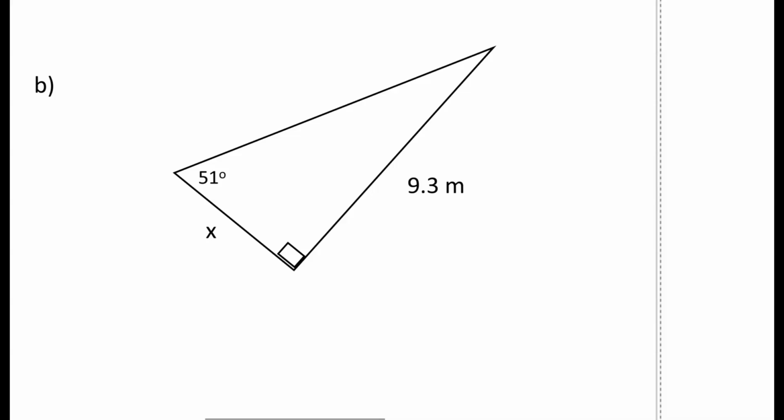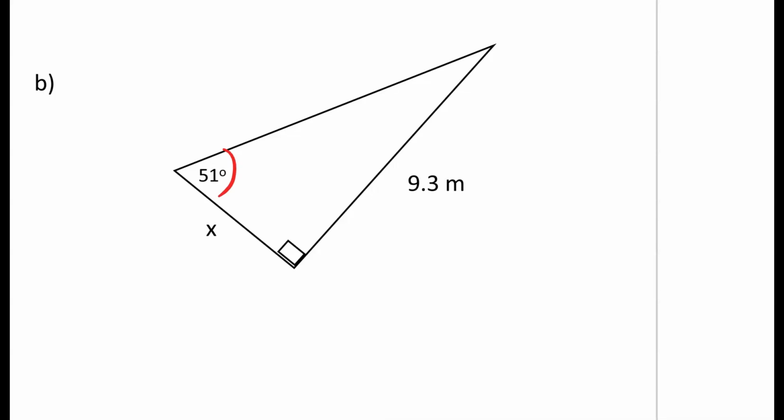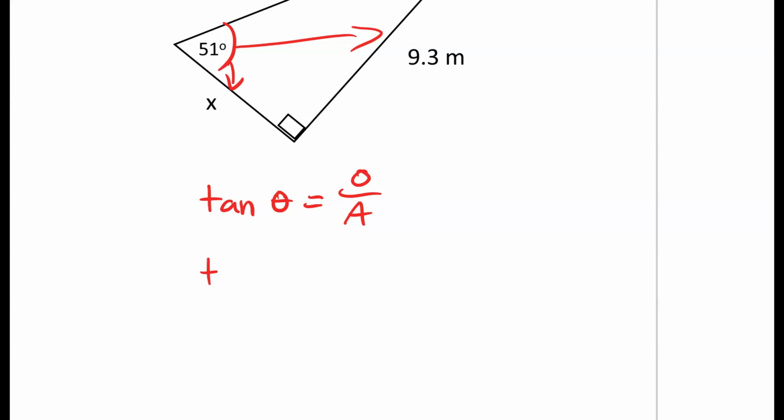Looking over at this one here, we have our angle of 51 on this side, so on the left hand here. Our opposite is going to be 9.3, and our adjacent is going to be x. So using tan theta equals opposite over adjacent, we have tan of 51 is equal to 9.3 over x. And reminder that this is all over 1, but when we have our variable on the bottom here, we can flip this over.